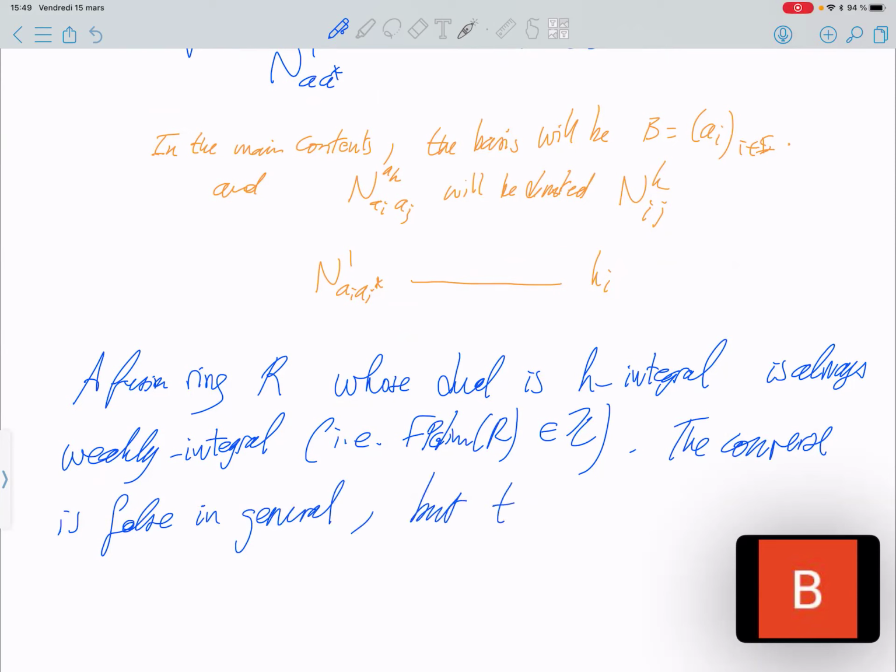But true for the Grothendieck ring of a weakly integral fusion category.